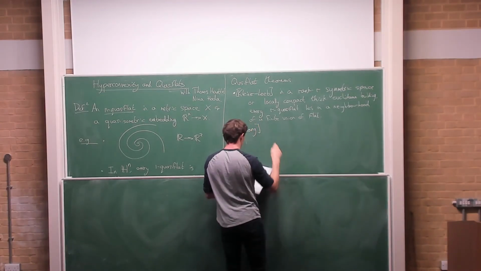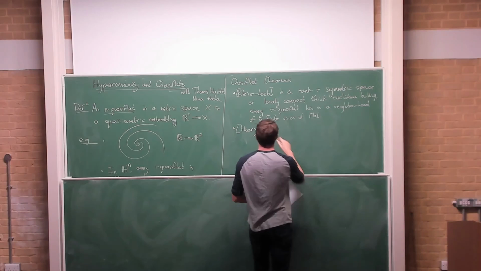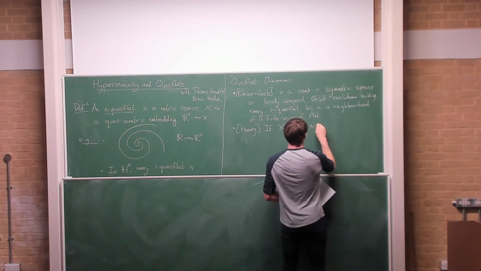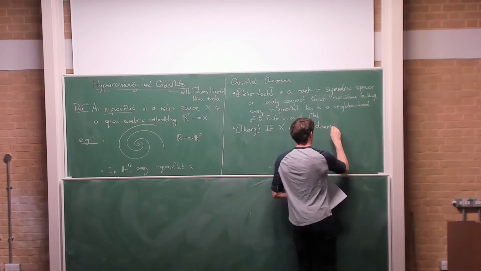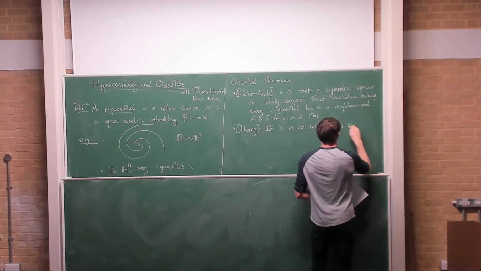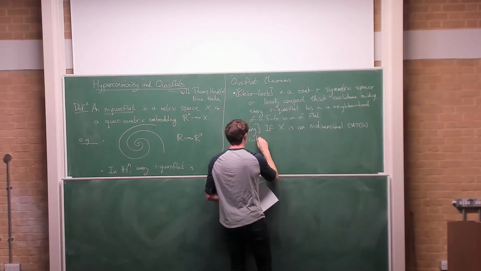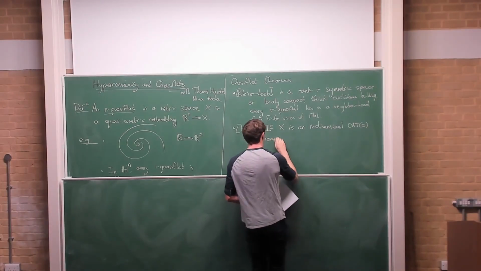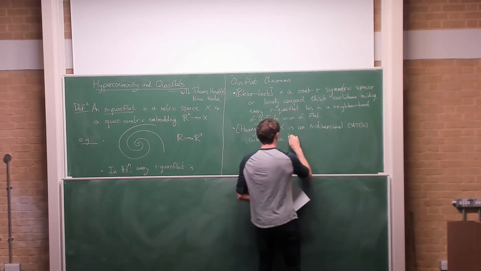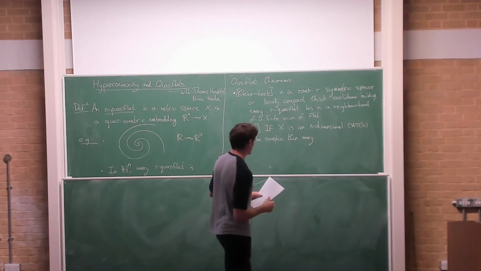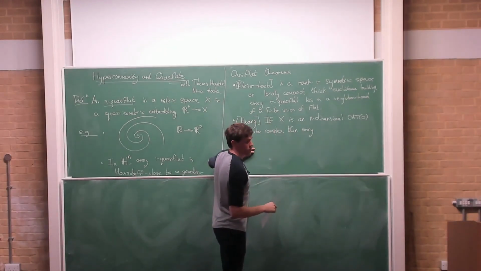Later, there's a result of Jingyin Huang, who said that if X is an n-dimensional CAT(0) cube complex, then every n quasi-flat in X is Hausdorff close to a finite union of orthants.